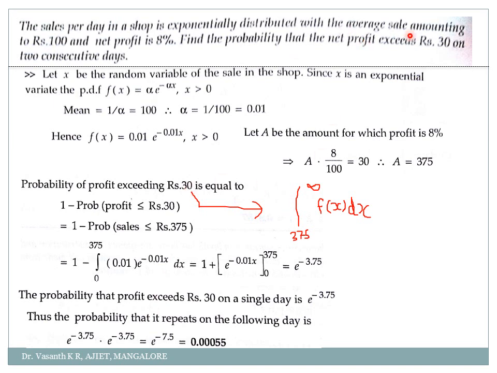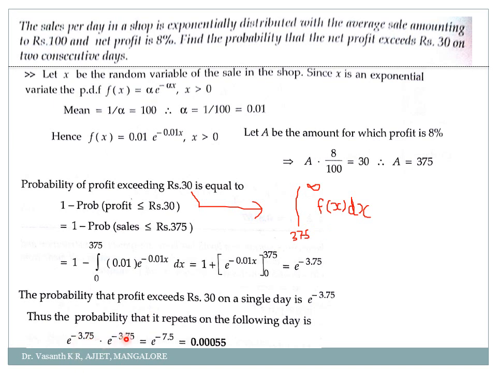See, the same one I can also write it as exceeding 30 means I can write it as integration from 375 to infinity f of x into dx, one and the same.